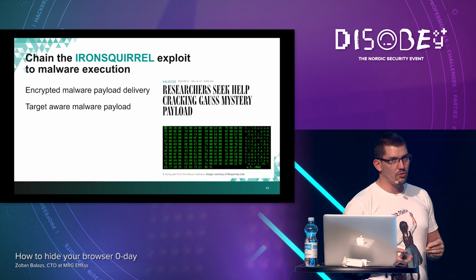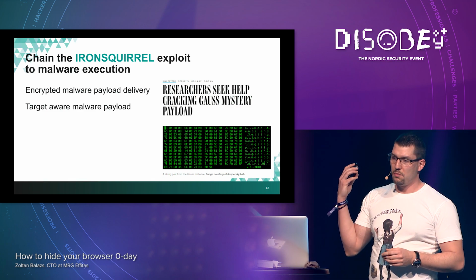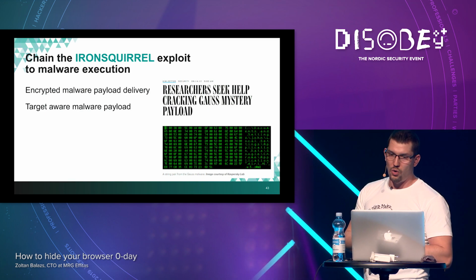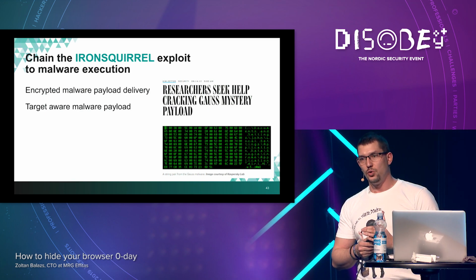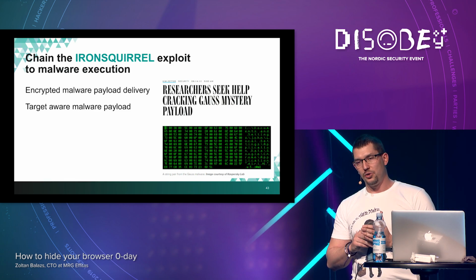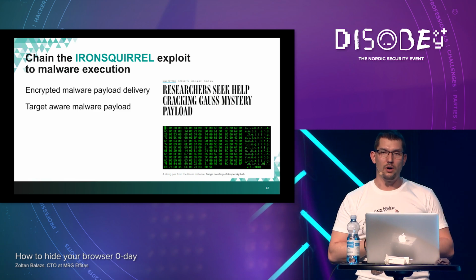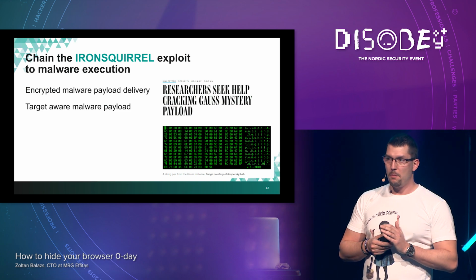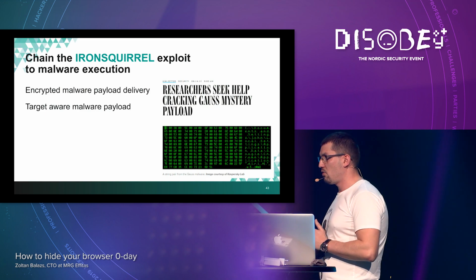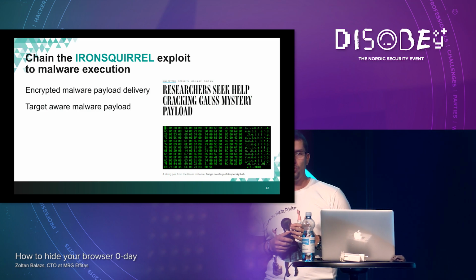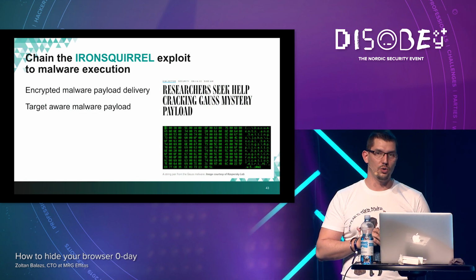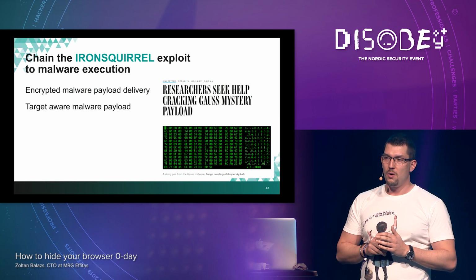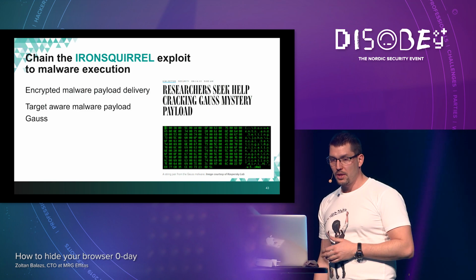And there was a very great malware written by some unknown guys called Gauss. And Gauss was using the same method. It used the path variable in Windows to encrypt its malware. And as far as I know, still no one was able to decrypt the malware payload itself because no one knows what is the correct path parameter where it will be able to run.